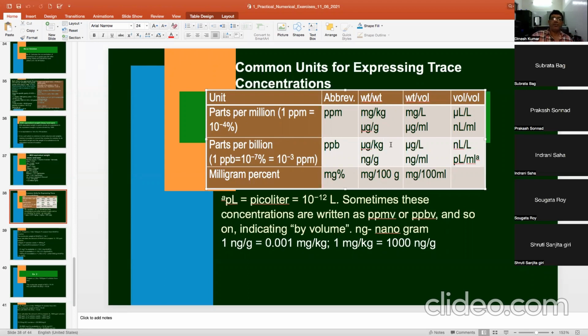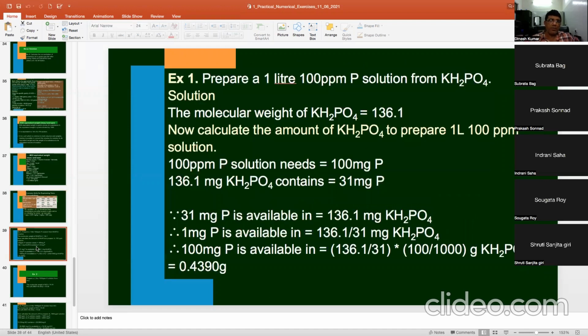This way you can have some understanding. It is up to you whether you find them useful or not. If you find them useful, you can remember. Now, one or two small numericals are there.